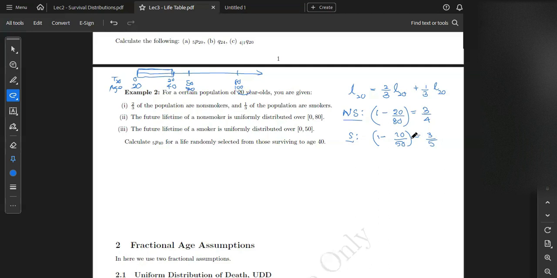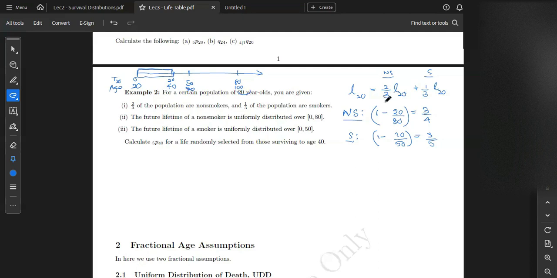And now we know that if we had some amount of non-smokers and smokers among this population, as we have decomposed it into 2 parts now, non-smokers and smokers, the number of people from each subpopulation who have survived up to age 40 can be found by multiplying the survival percentage by the number of people who have been there from the beginning.